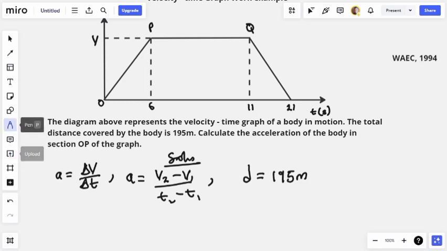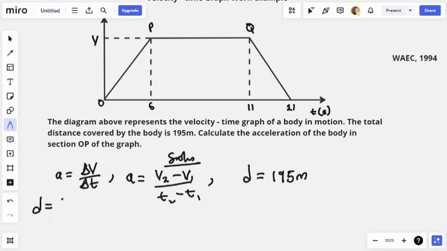Now, you recall that total distance D equals the area of the shape formed by the graph. And what kind of shape is this? A trapezium.